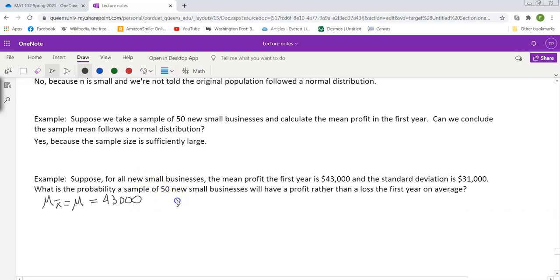And we're also going to need sigma sub x bar. That's a little better. And that is going to be sigma over the square root of n. And they tell us that sigma is 31,000.